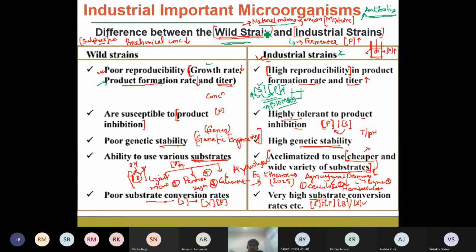Generally, the natural organisms have some disadvantages. That is, they have a lower growth rate, a lower product formation rate, as well as a low concentration. But we modify this wild strain in such a way, through several techniques or modifications, and select the appropriate microorganisms which will have higher reproducibility.